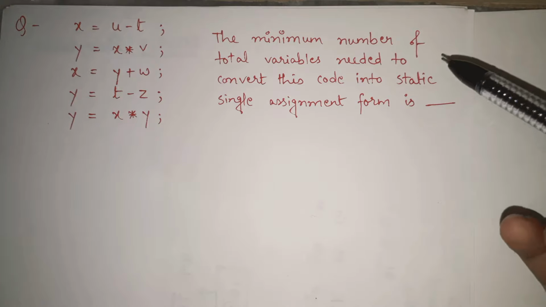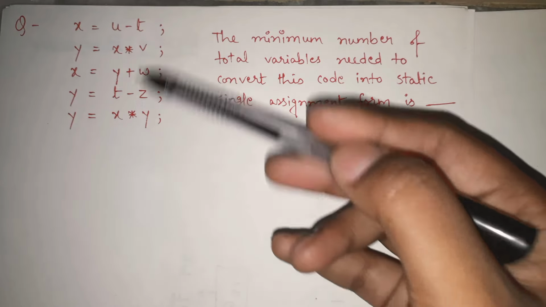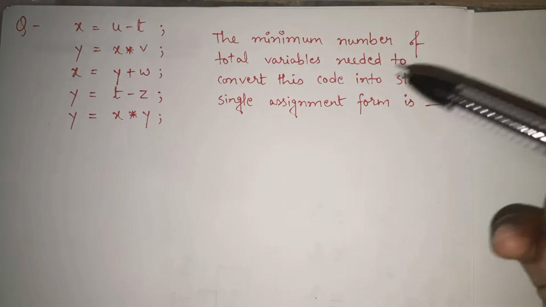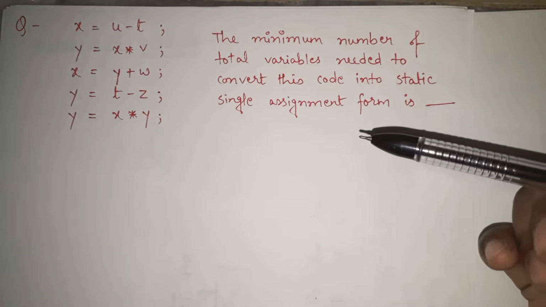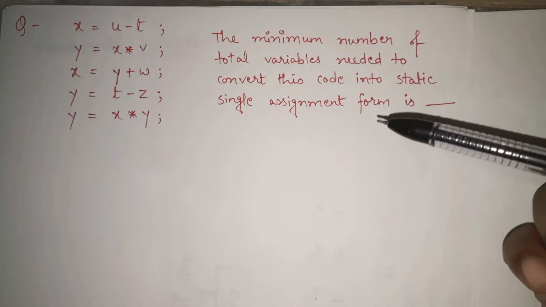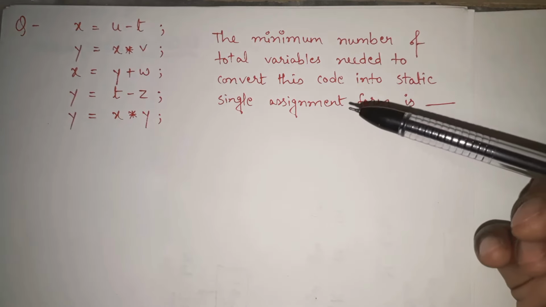So what they have told is that we have to convert this specific code into that static single assignment form, and after converting it we have to tell what the minimum number of total variables needed is.